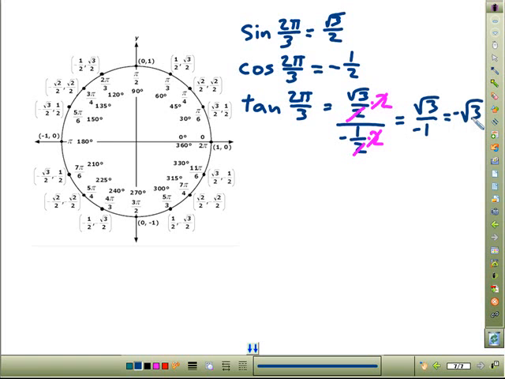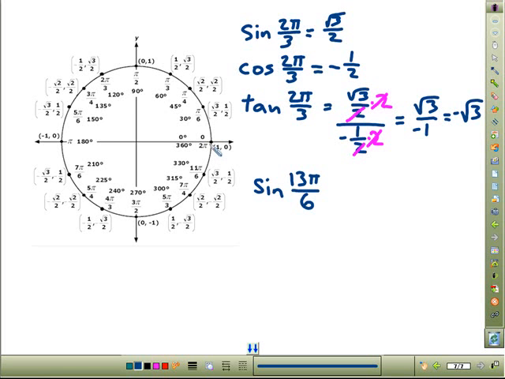Okay. Now let's do the sine of 13 pi over 6. Now, you might be wondering, well, that's not on the unit circle, so how am I supposed to do that? Look, this is 12 pi over 6, isn't it? Now remember last time we talked about how you graph these angles?